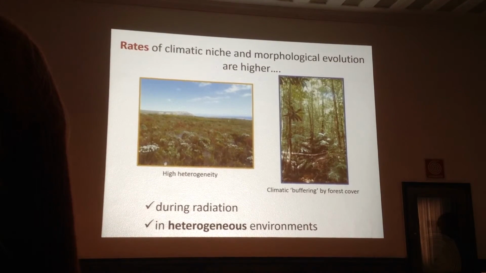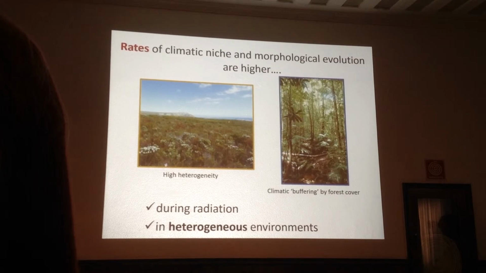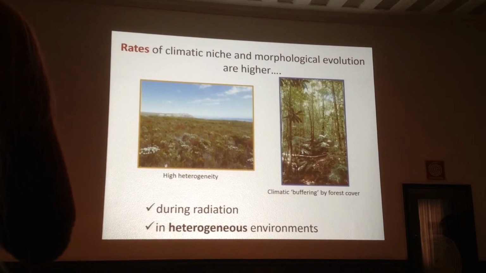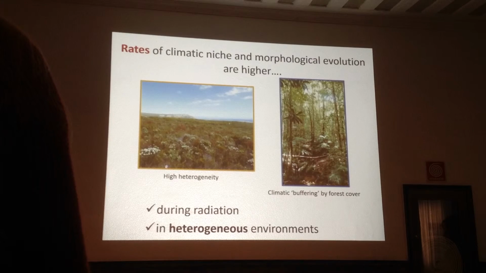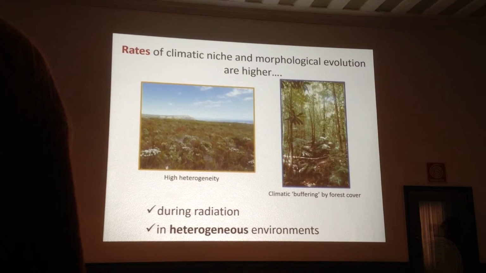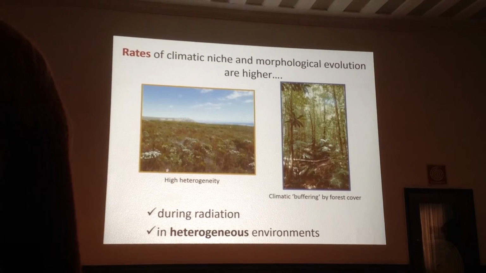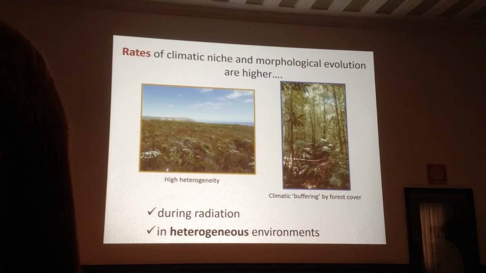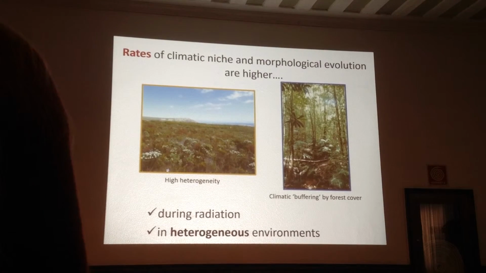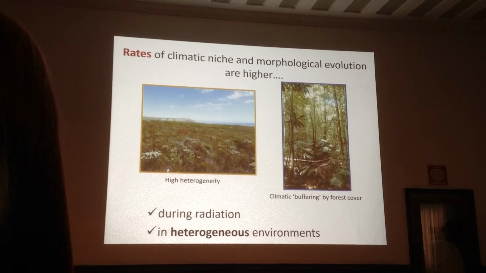But we hypothesized that these open shrublands have a higher heterogeneity, especially in climatic extremes, whereas in closed forest vegetation, these climatic extremes may be buffered by the forest cover. So especially on a small spatial scale, there might be more turnover of climatic niches in open habitats than in closed forest habitats.